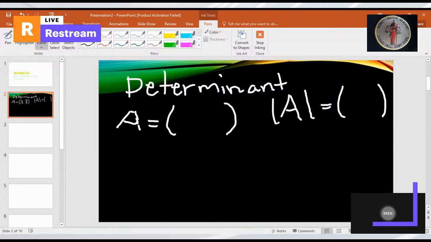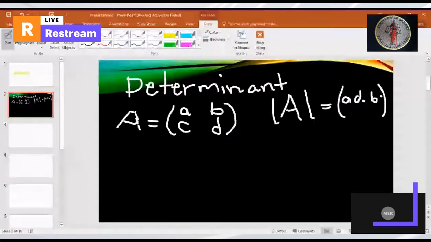So let's say we have A, B, C, D. To find the determinant, it would be A times D minus B times C. So it's whatever the number is in the A position times the D value, minus the B value times the C value. Okay.